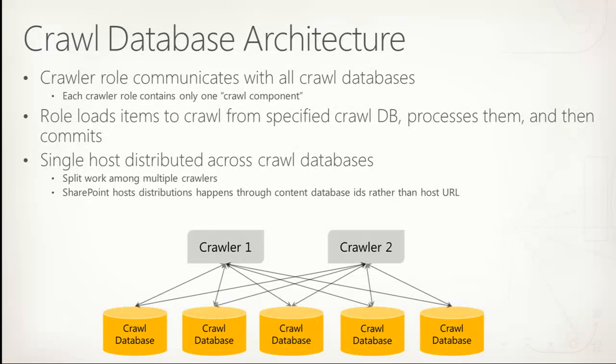A single host can be processed by multiple crawlers and multiple content backends, and you don't get that bottleneck going on there. So that's a great enhancement. It's actually something we see quite a bit within our customers, and this will really help them boost and scale up their content.